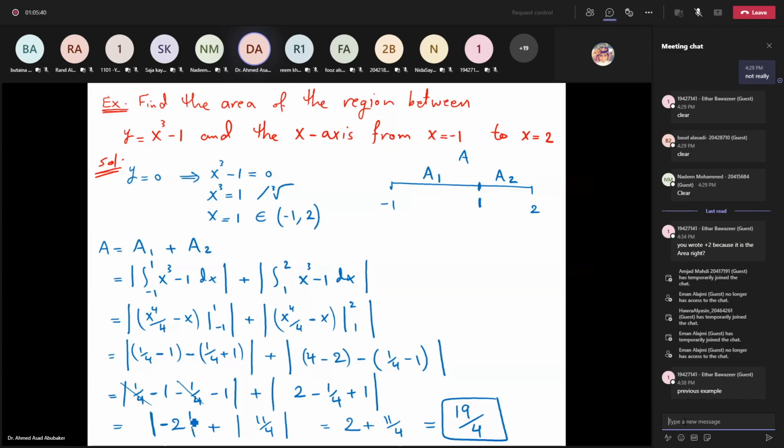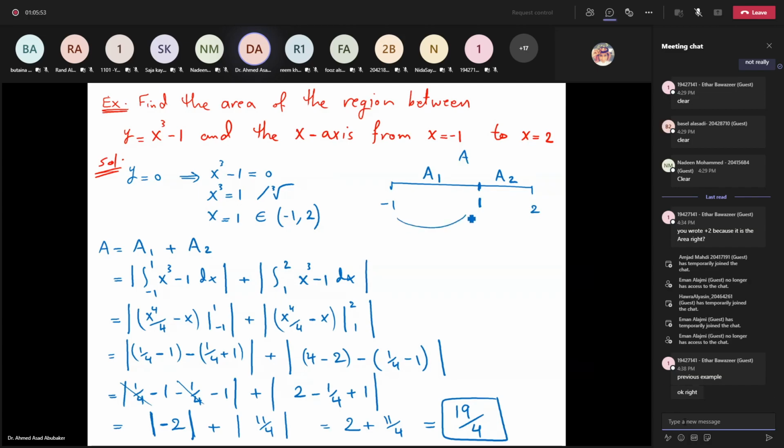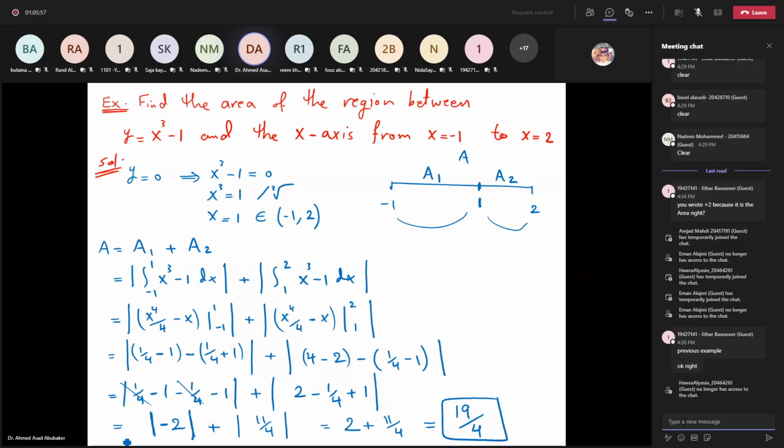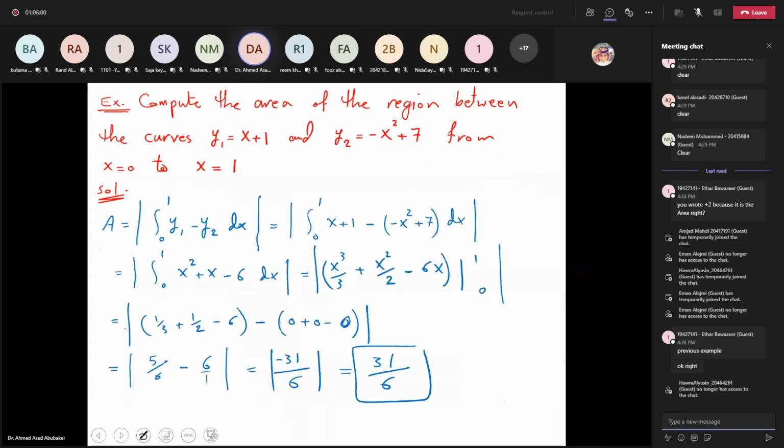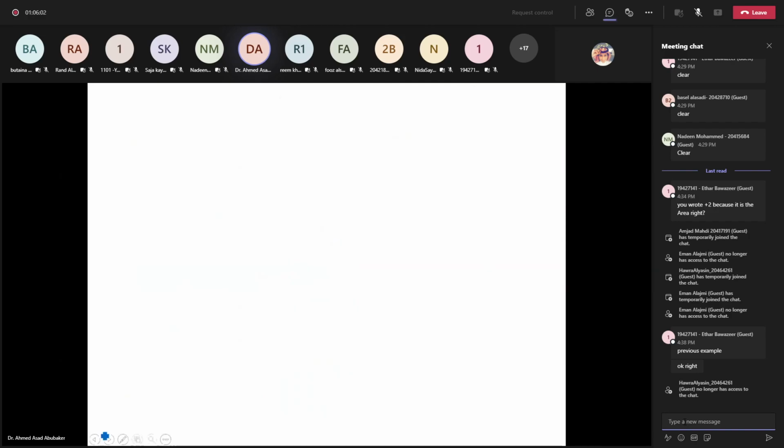The absolute value of negative 2 is 2. So this is 2. We have two areas, this one and this one. Okay.